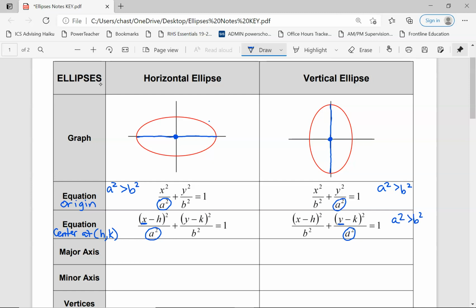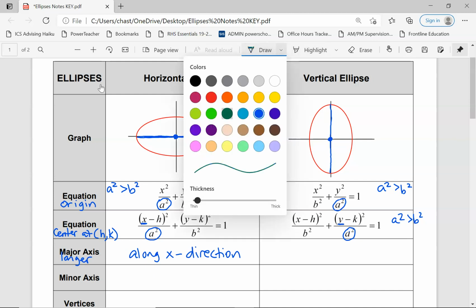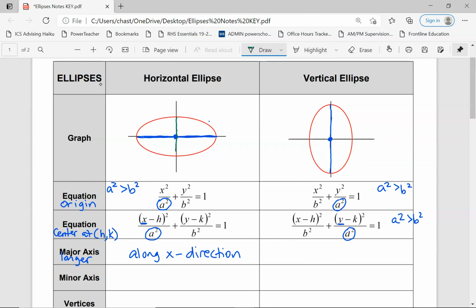On a horizontal ellipse, the major axis is along the x-axis, or x direction. We call the major axis the axis that is longer. And the minor axis is going to be the shorter length.